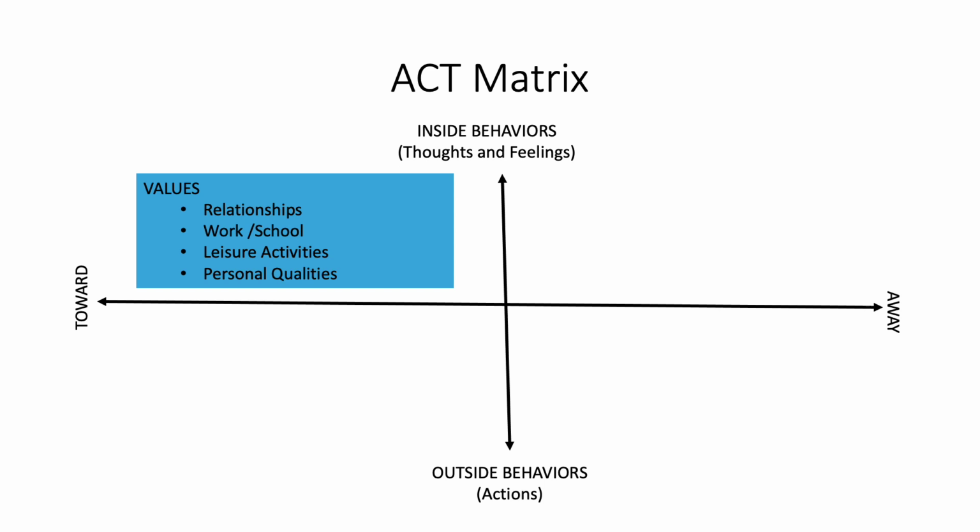We start the matrix by identifying values. This is a list of examples of things that people would consider part of their best life, the kinds of things that would bring them the most vitality. Depending on the person, I'll encourage different levels of specificity. For example, a client and I might identify broad categories of relationships that are important to them, things like friends, family, spouse, parenting.